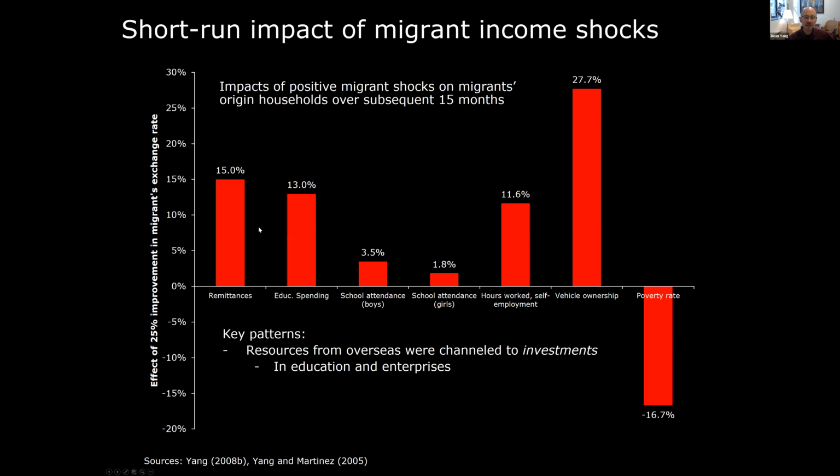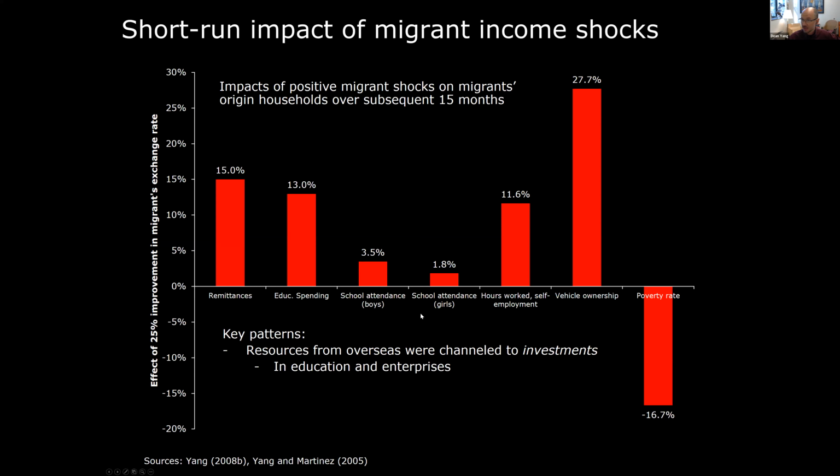And the big news here is that these resources from overseas were mostly channeled to investments, in particular in education and enterprises. So we see a big increase in the remittances sent home, and that leads to a big increase in education spending, and increases in school attendance for boys as well as girls.